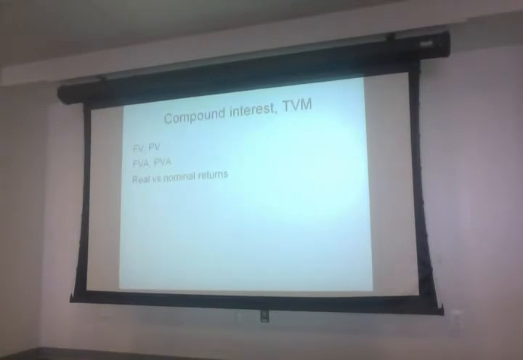Now, we might talk about them later, or we might not. At this point, I don't think I'm going to get into it. They're not really so important anymore because now we have computers that can do all of this stuff for us, so we don't really have to worry about doing 360 payments.